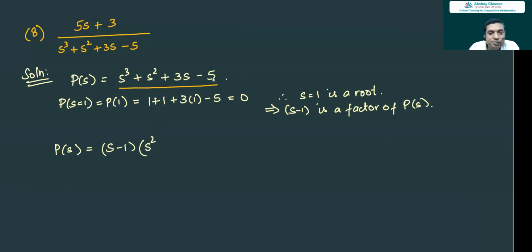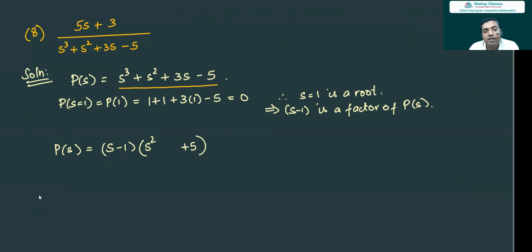Then constant term is minus 5. So minus 1 into some number should give you minus 5. So obviously that number is plus 5. So you have found the first term and the last term through the coefficients of s cube and the constant.